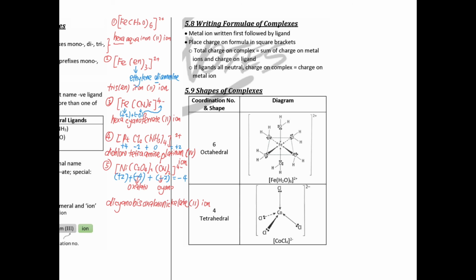Over here, I give you some general idea in what situation they will form tetrahedral. The metal has d0 or d10 electron configuration.